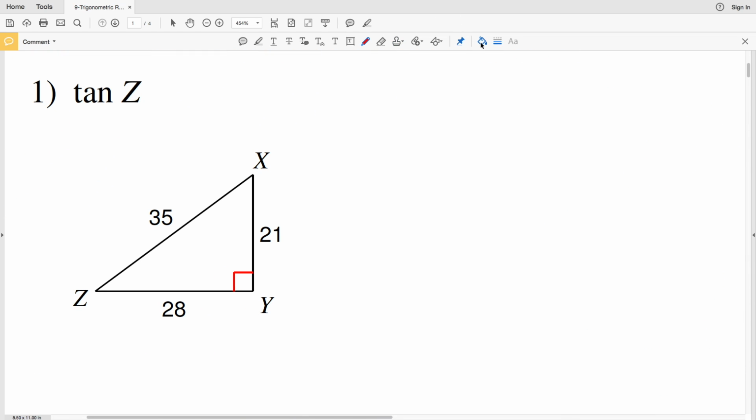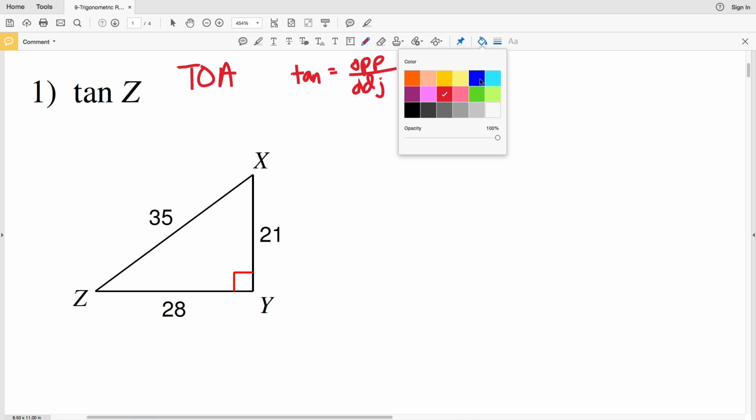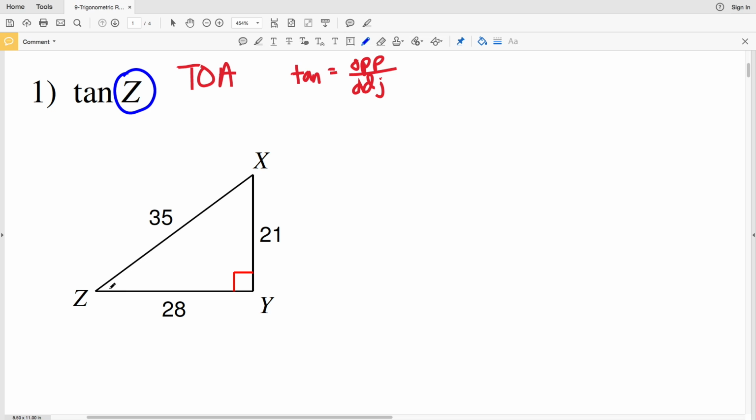So in number 1, we're looking at tangent, TOA. So tangent equals the opposite over adjacent. And if we're looking at the angle Z, the side opposite Z is side XY, which is 21, over the side adjacent, or touching Z, and that's the side that's adjacent to Z, but is not the hypotenuse.